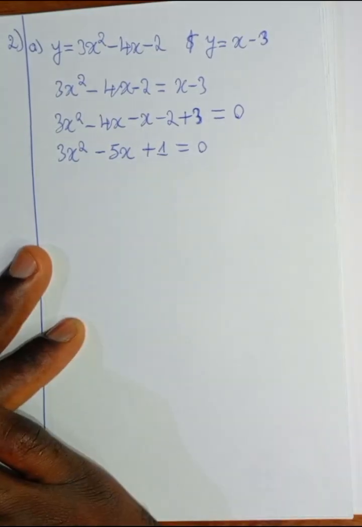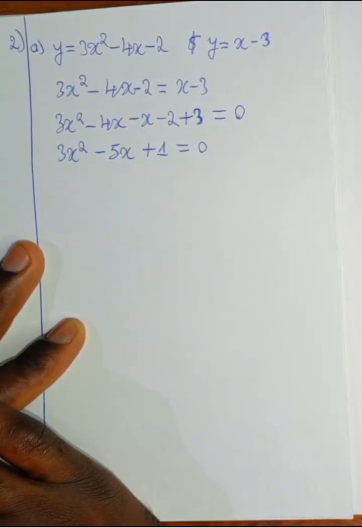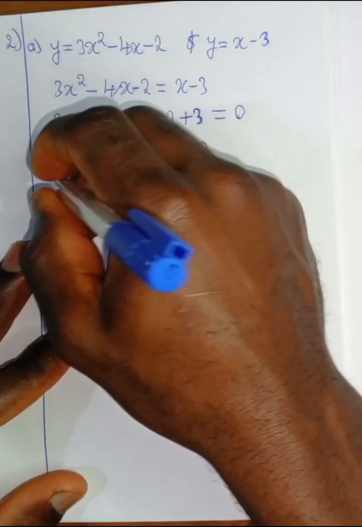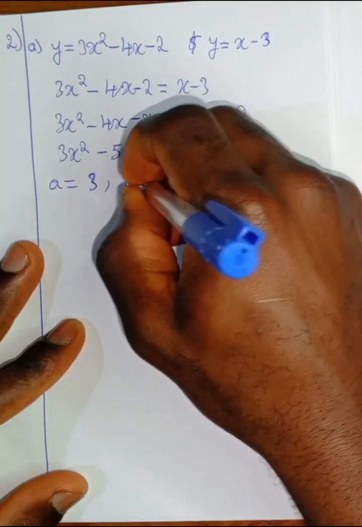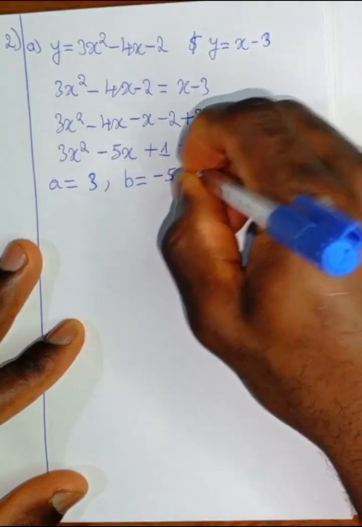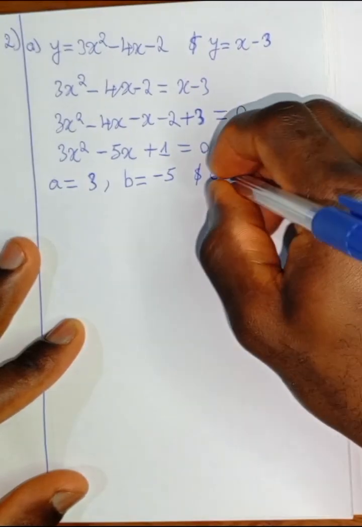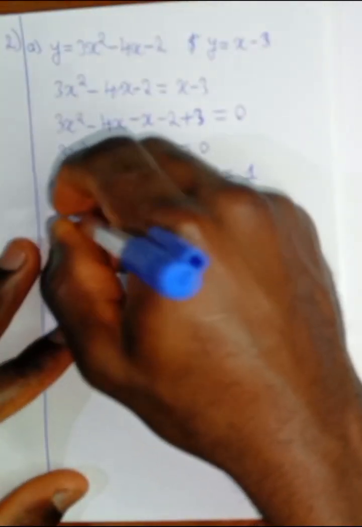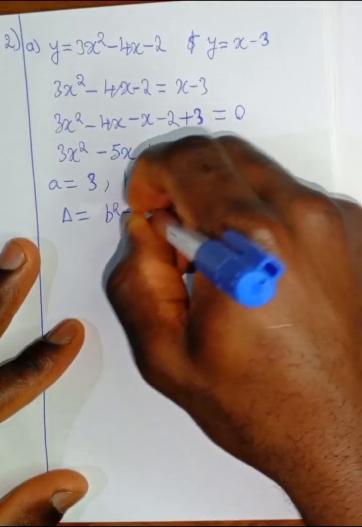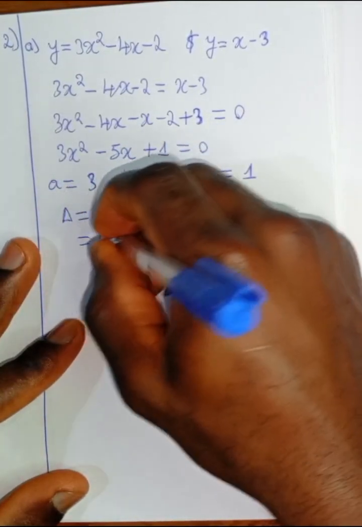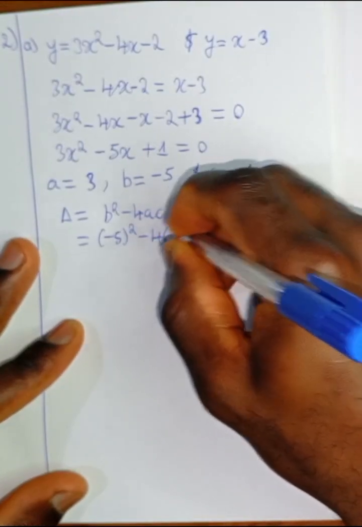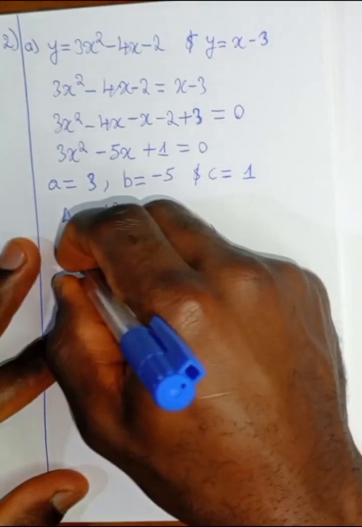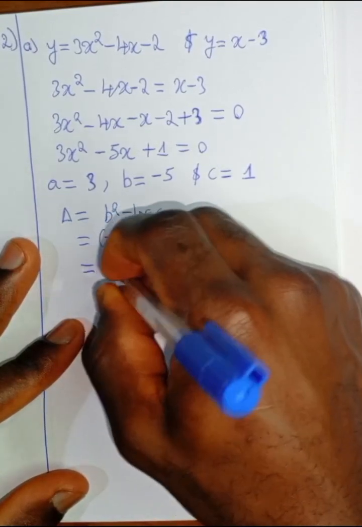At this level, we are going to start by finding the discriminant of this quadratic equation. Our a is equal to 3, the coefficient of x squared. Our b is the coefficient of x, which is negative 5. And our c is the constant term, which is 1. The discriminant is given by b squared minus 4ac. This will be equal to negative 5 squared minus 4 times 3 times 1.